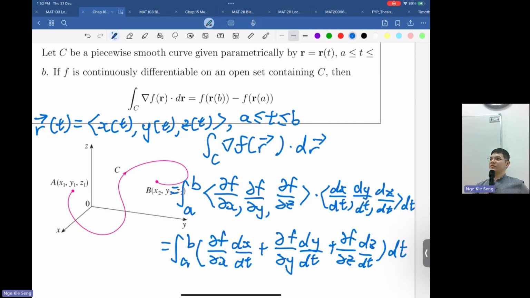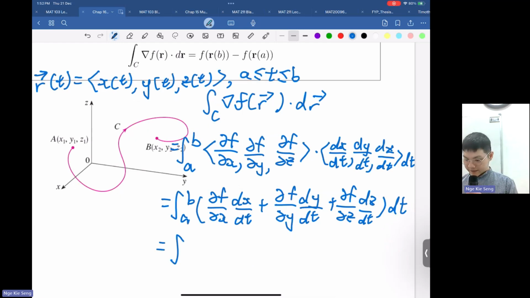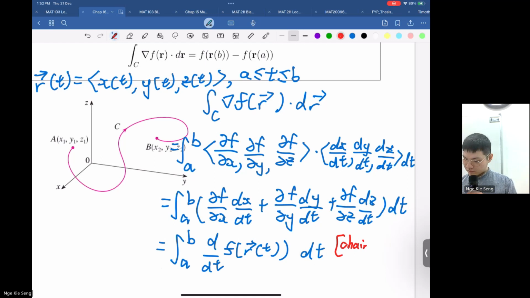It looks a bit familiar. Yes, this is df dt. This is the differential of f evaluated at r(t) with respect to t. This is the chain rule.